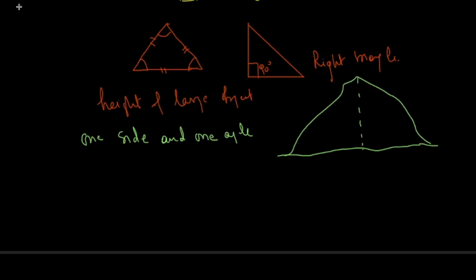Now there are three basic functions which we use in trigonometry. One is sine, other is cosine, and third is tangent. As of today, these three words are going to look like aliens to you because you would not have heard these words.